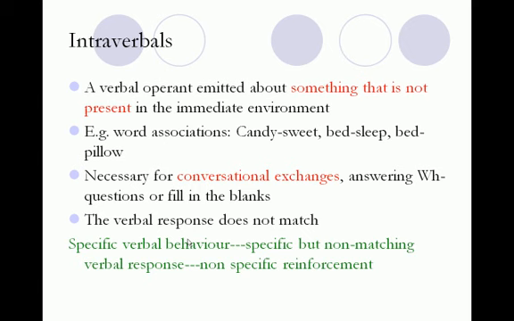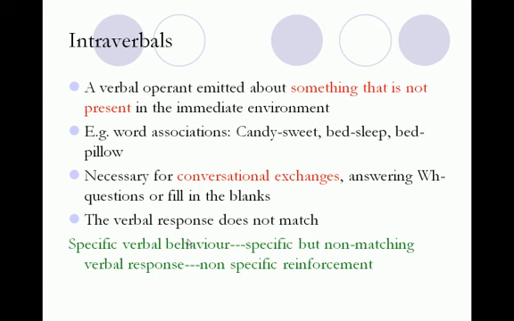Okay, so what you're noticing here is in the word association example, candy and sweet, those are 2 different words, they do not match. And that's what's crucial about the intraverbal response. Okay? Another example of this is answering WH questions like, where's the local 7-Eleven? Or fill in the blanks type examples.